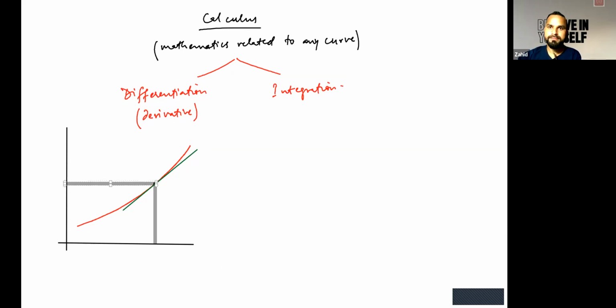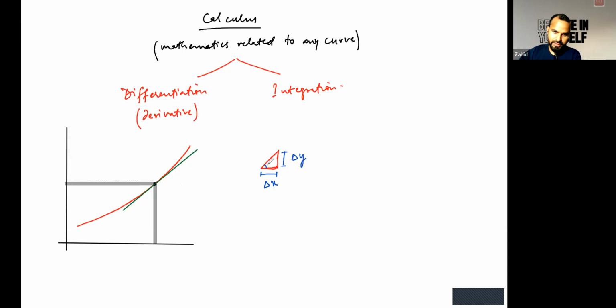There would be a triangle at this particular point, in which this would be your perpendicular, let's say delta y, and this will be your base, let's say delta x.